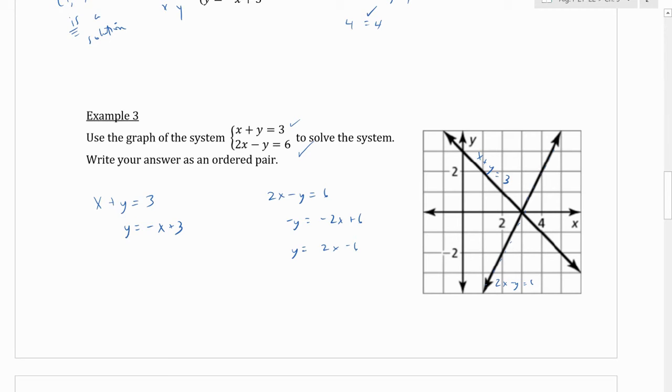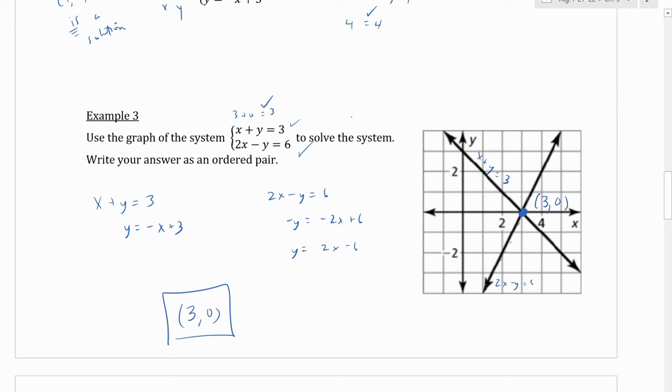So what we're looking for is what is the point, or sometimes more than one point, that satisfies them both. Well, it's right there where they cross. That's the only point that makes both of those true. And that's at 3, 0. That is the solution to this system. So look at this. If I put 3 plus 0, does it equal 3?